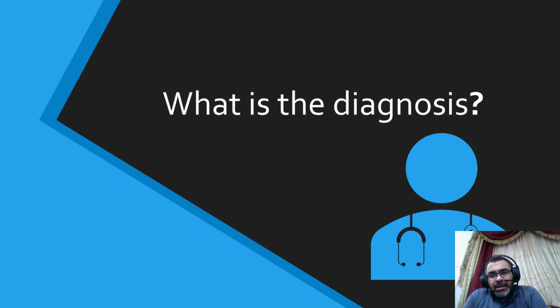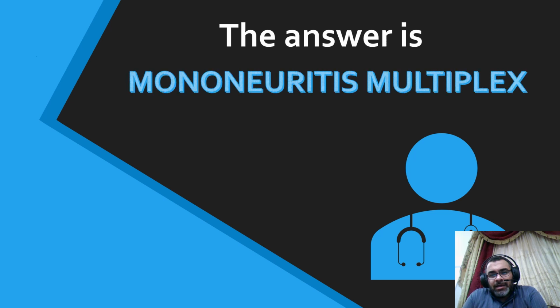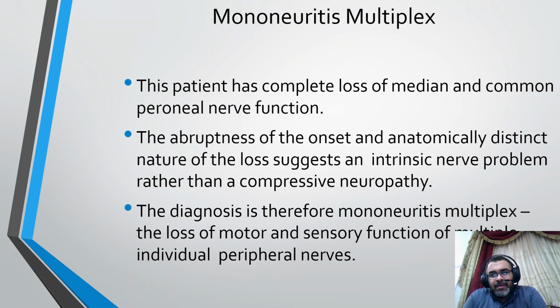So what is the diagnosis? The answer is mononeuritis multiplex. What is mononeuritis multiplex? The patient has complete loss of median and common peroneal nerve function.